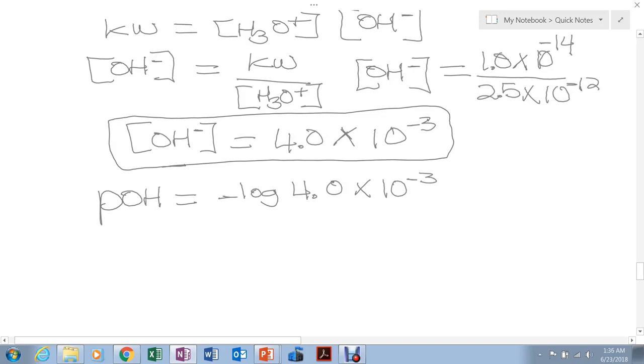So you put minus the log in the calculator, and then you put 4.0 by 10 to the negative 3 or whatever number you got. It depends on the calculator you have, but almost all scientific calculators have that. So pOH would be equal to 2.40.